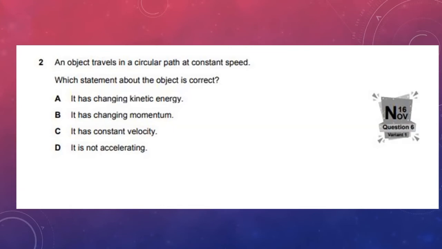If he told me this object moves with constant speed, then the kinetic energy never changes, because kinetic energy equals half mass speed squared. Do you know this formula to calculate the kinetic energy?